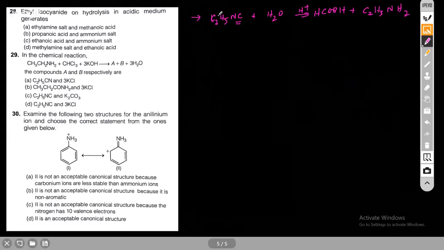Isocyanide under acidic hydrolysis gives you carboxylic acid. So we have only two options possible here, A or D. B and C are not possible if you have this information at least, right? And always remember, this carbon atom of isocyanide will form the carboxylic acid, and this alkyl group will form the amine. Option A is correct here.